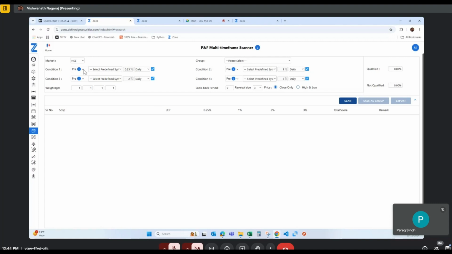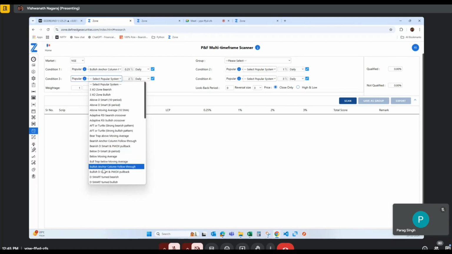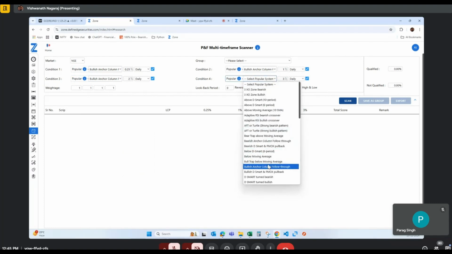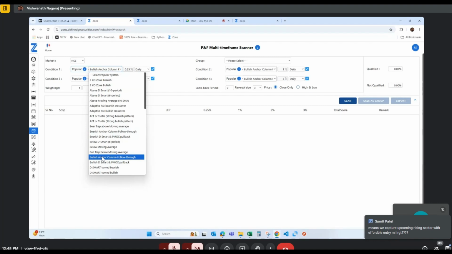I have my own conditions which, in this particular scenario, don't work too well, but in a swing trading environment, anchor column is fantastic, and with a follow through is even better. Okay, guys, you come to multi time frame, you come to popular, you come to bullish anchor column follow through.